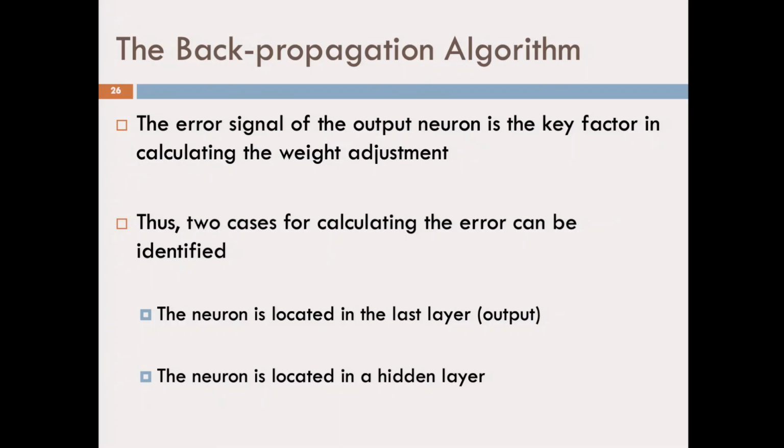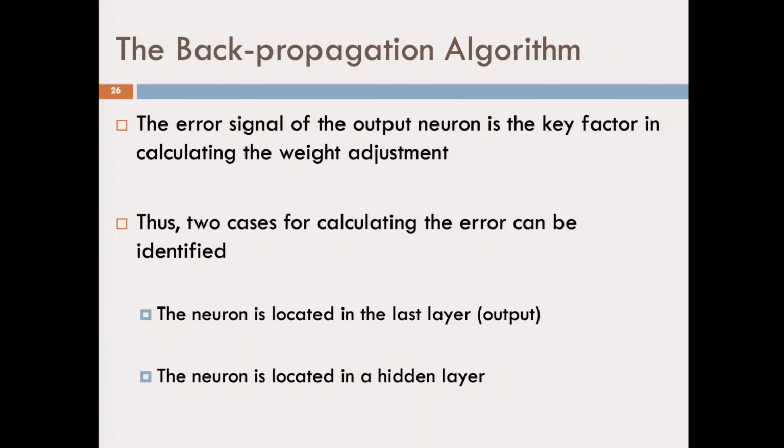The error function now, we know that it's a key factor to calculate this weight. So we have two cases to calculate the error in a neuron. When the neuron is an output neuron, located in the output layer, then it is easy to calculate the error associated to that neuron, because we have the desired output for that neuron.